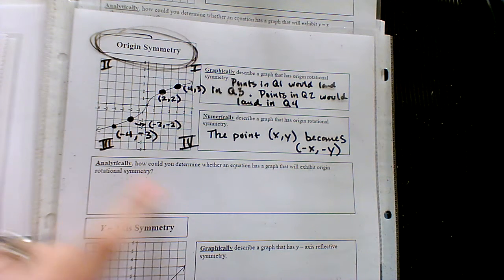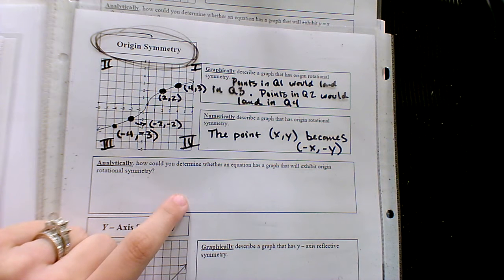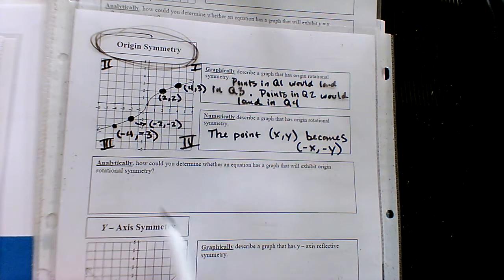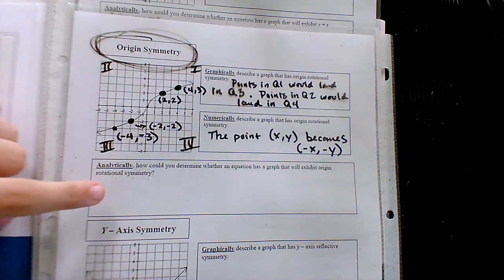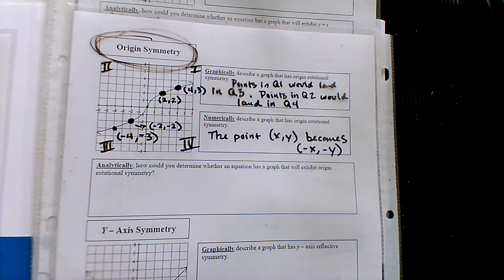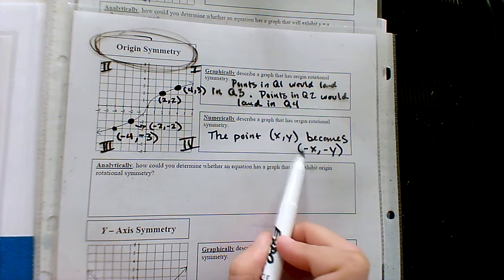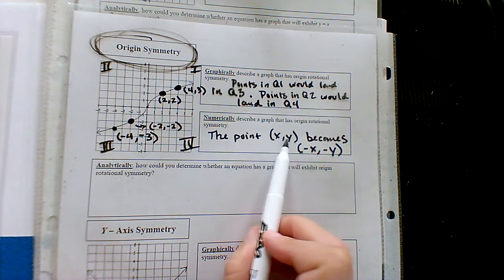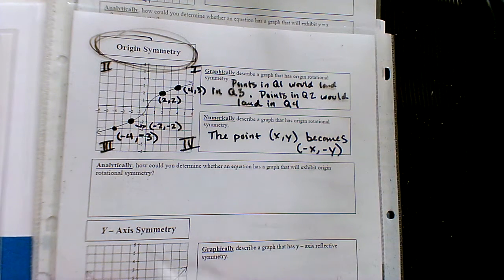Okay. Analytically, we're going to write down something we're going to think about when we start to talk about the equations and how we can determine symmetry. This one might not be as obvious based off the graph, but we're going to write it down just for now, but come back to it most likely tomorrow, just so we have it in our notes. It's still related to this idea that if we have a beginning point and it turns into this ending point, we want to show that connection.